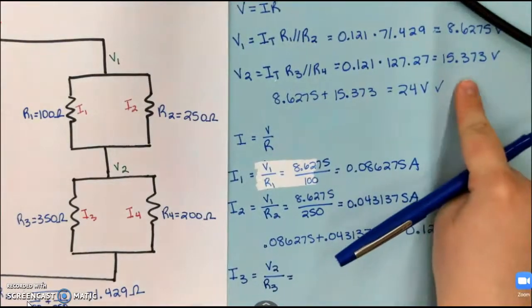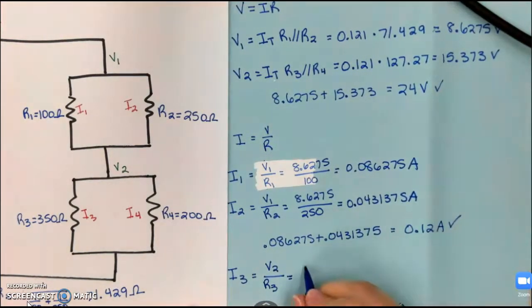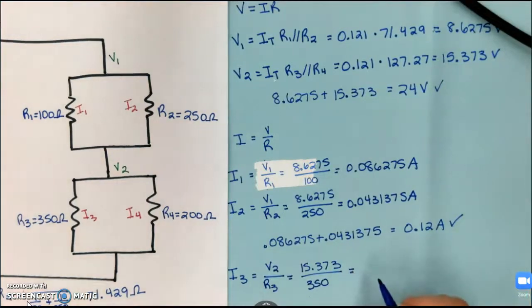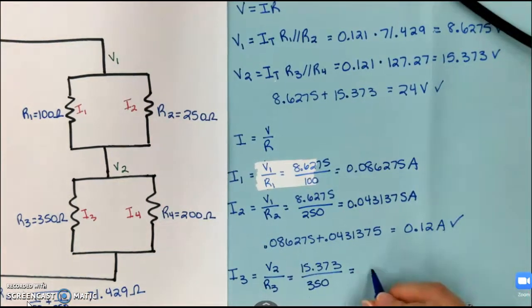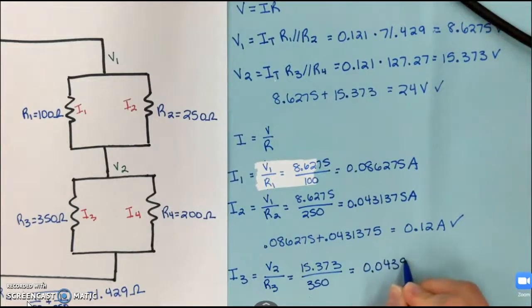Remember, voltage 2 was this value up here. And our resistance 3 is 350. And so that gives me approximately 0.0439 amps.